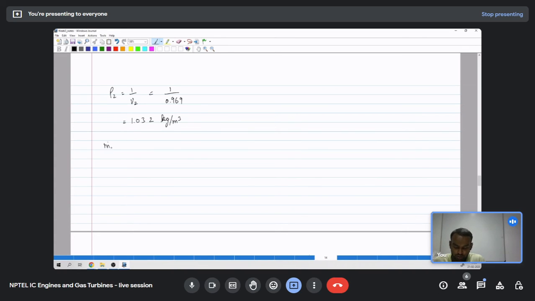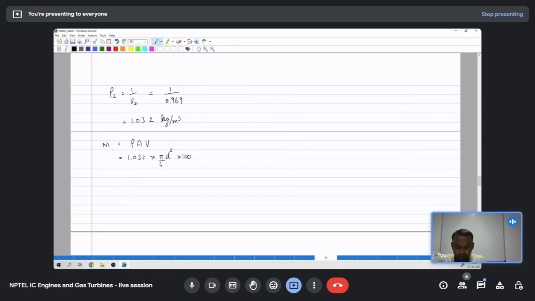We know mass flow rate is rho into A into velocity. At throat, we know the condition, density is 1.032 and area is pi by 4 into D square, D as the throat diameter, and velocity is known as 100.